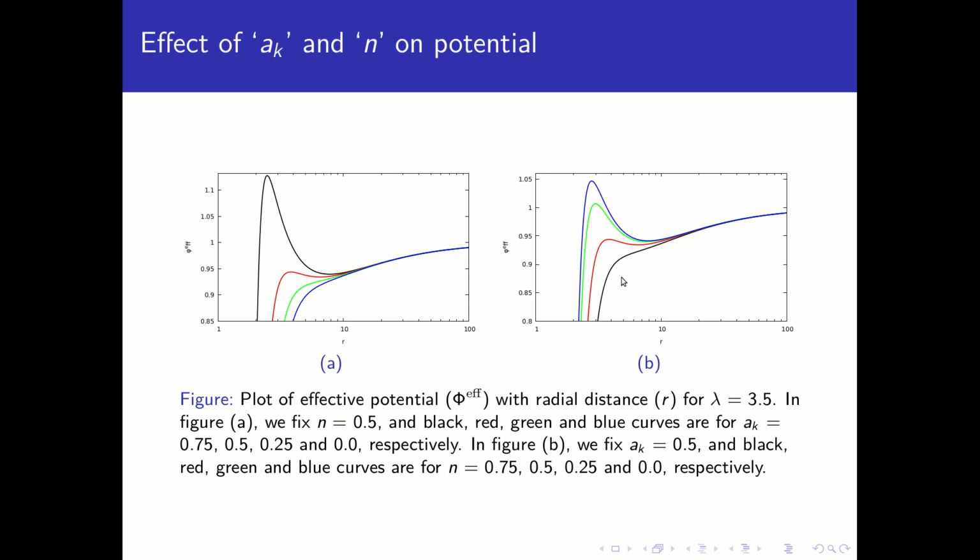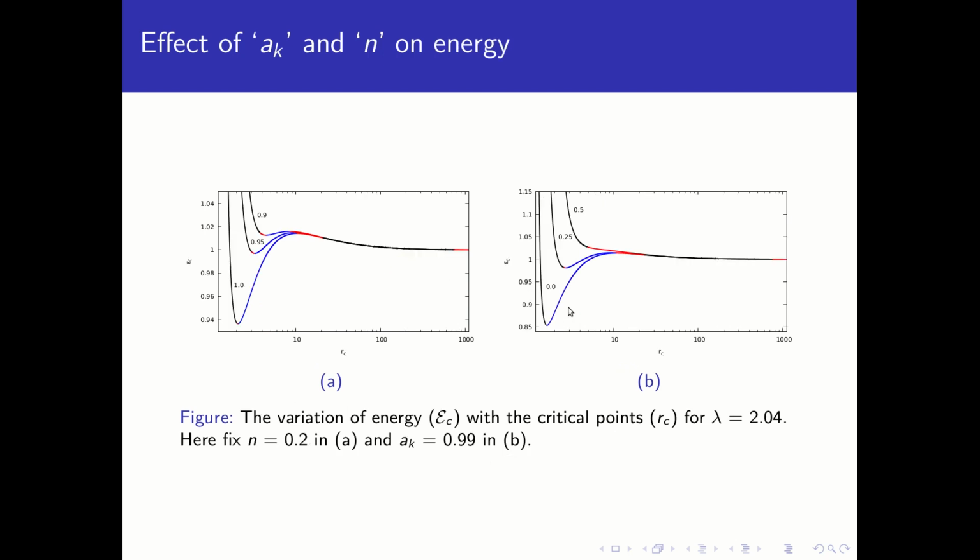The black one is for the greater NUT parameter, which is 0.75, and as we decrease the NUT parameter, it behaves like this. So from these two figures, we can see that the effects on the potential of the NUT parameter and Kerr parameter are opposite.